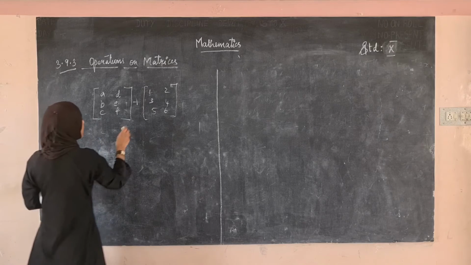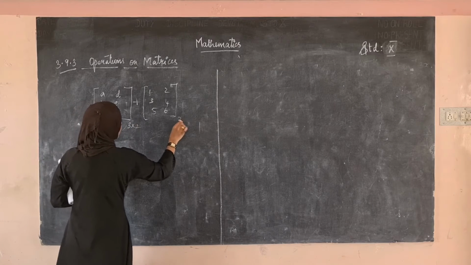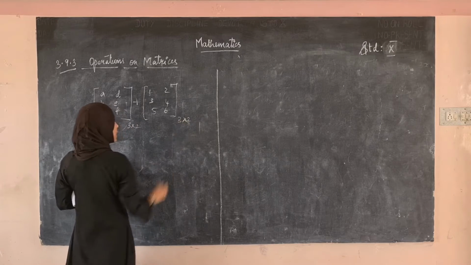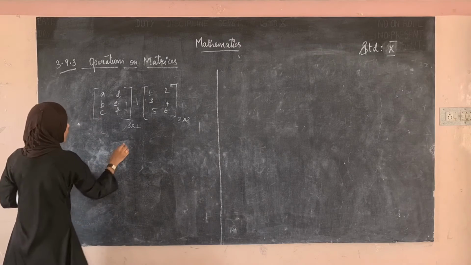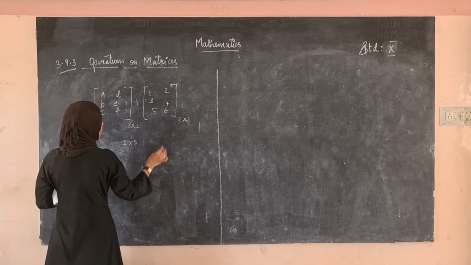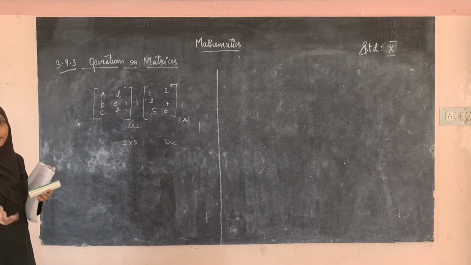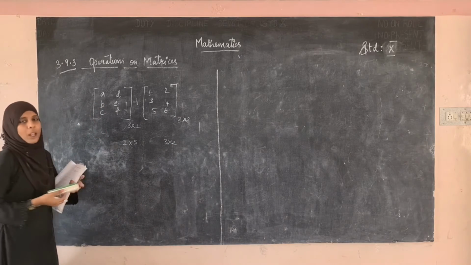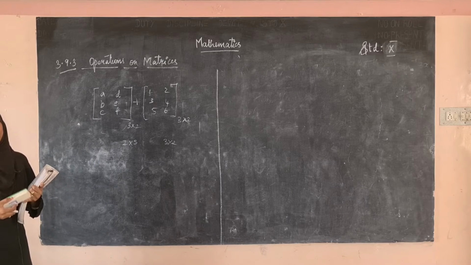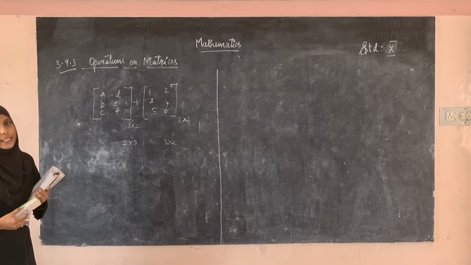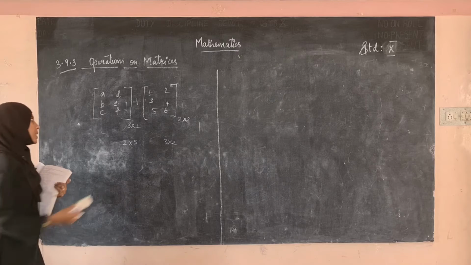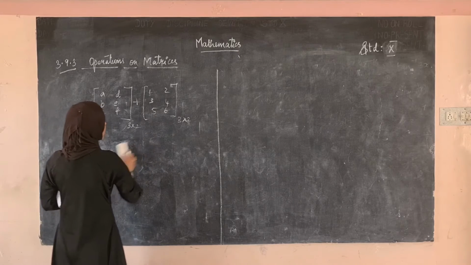See, the order of this is 3 cross 2 and here it is also 3 cross 2. Then here the addition is possible. If the order of a matrix is 2 cross 3 and here it is 3 cross 2, the addition and subtraction is not possible for those matrices. Okay. The main thing for addition and subtraction of matrices is the two matrices order should be the same. See, here it is 3 cross 2 and here it is also 3 cross 2.